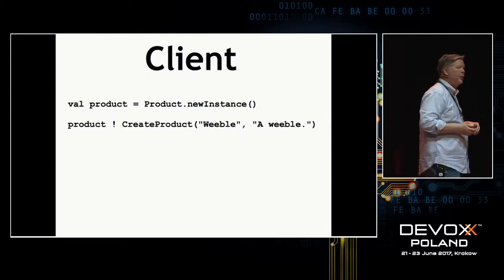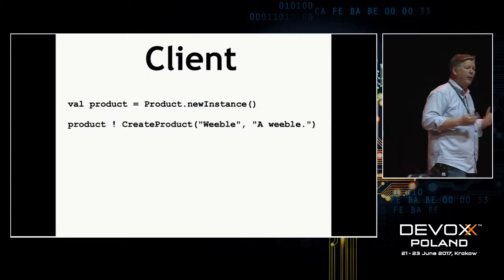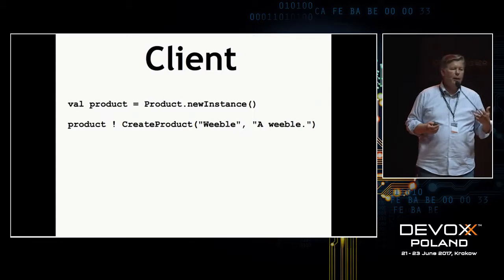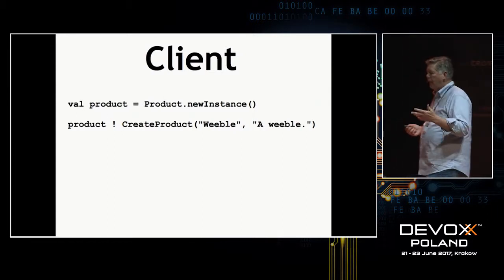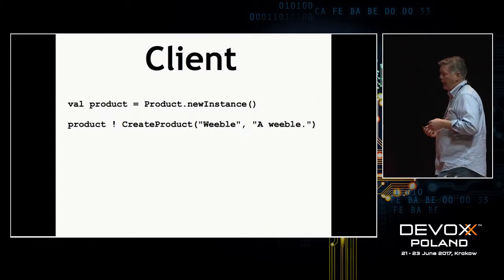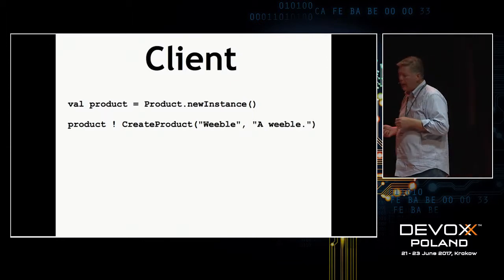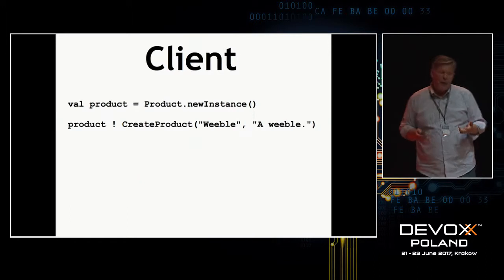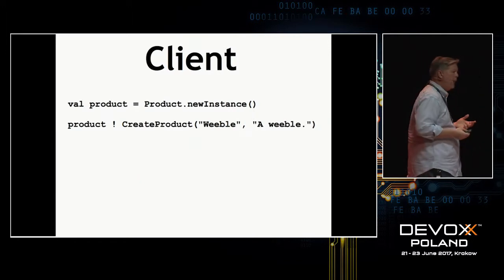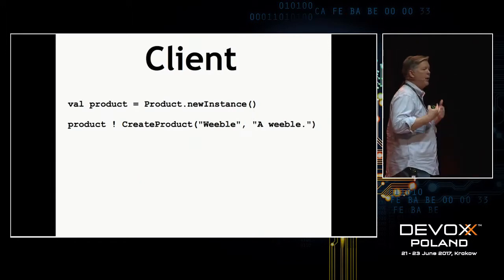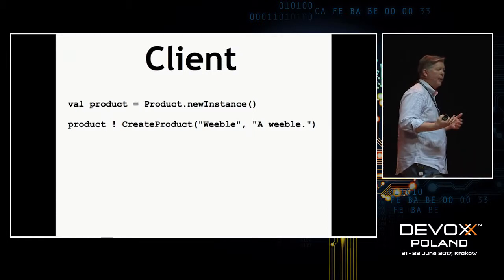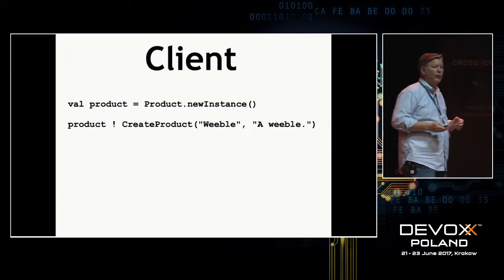So this is as simple as a client can be, and think of this as being the client at the controller level. We simply send a message to the product after getting a new actor product with a unique identity, and that message is handled as an incoming command which will then produce an event.